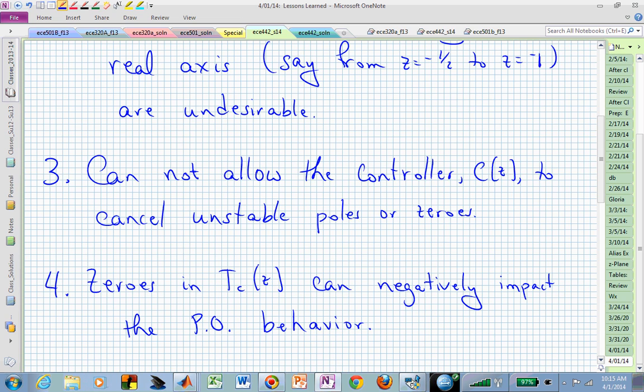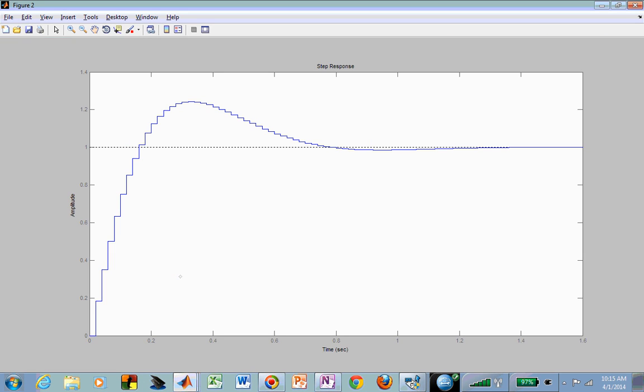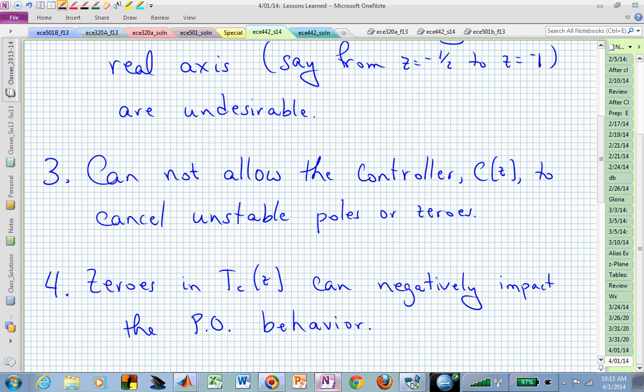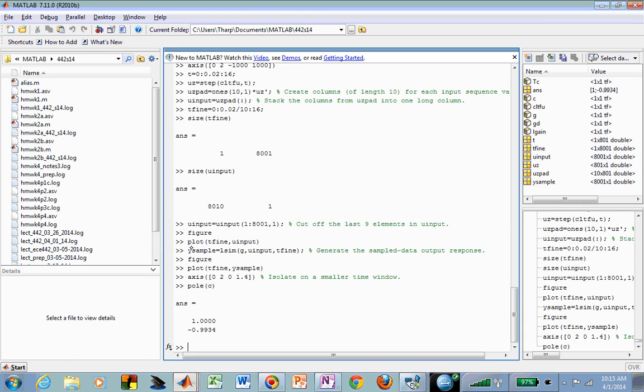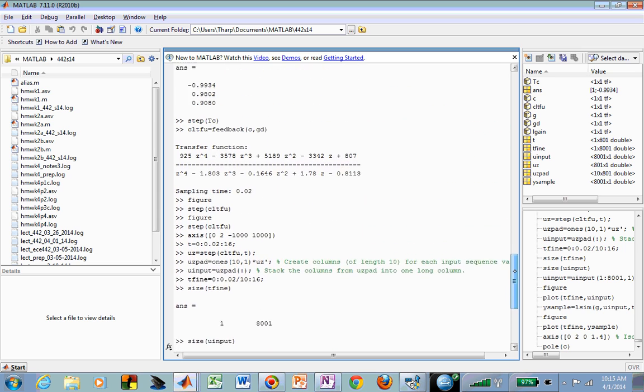The zeros in T sub C of z matter too. If we go back and look at our step response here, that actually didn't meet the 5% overshoot behavior that we wanted, and one of the reasons for that is because our closed loop transfer function, T sub C of z, actually had a zero. Let's see if I can find it.